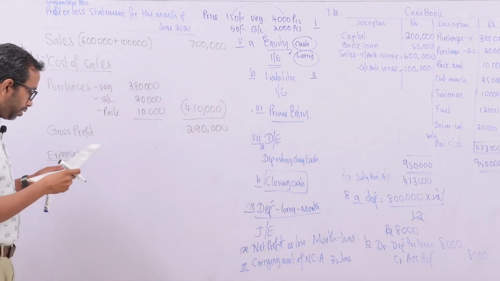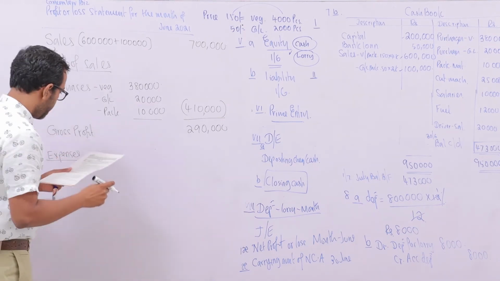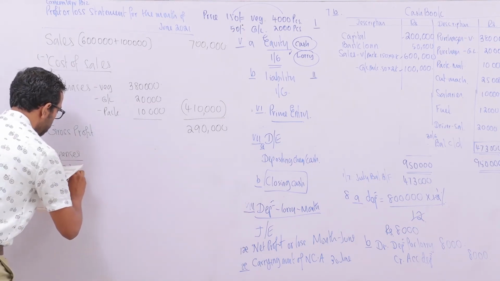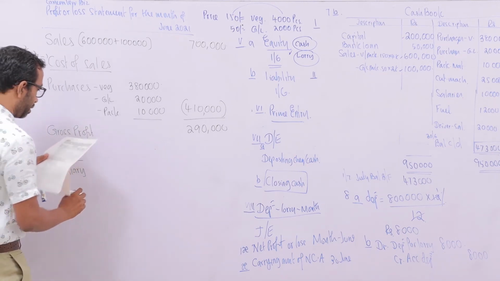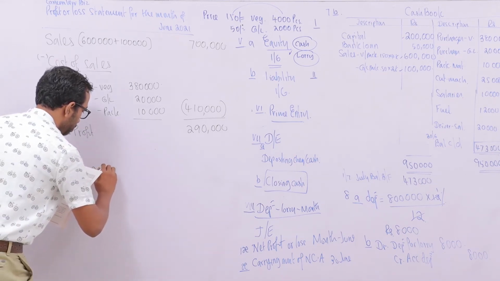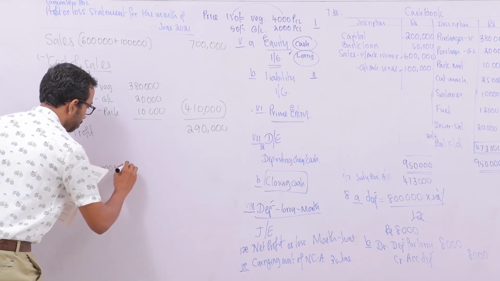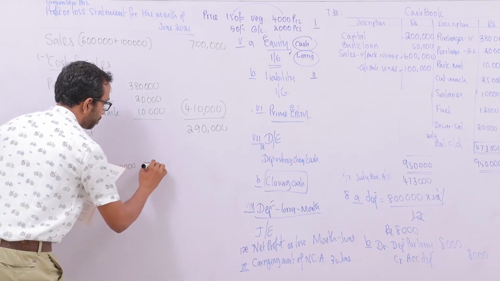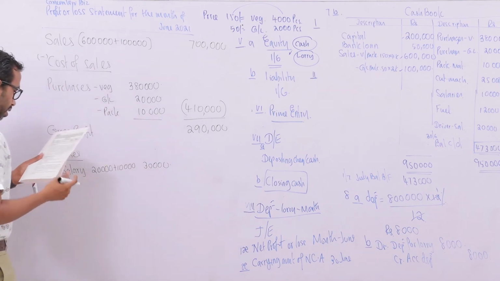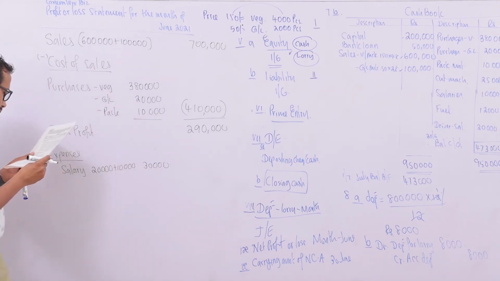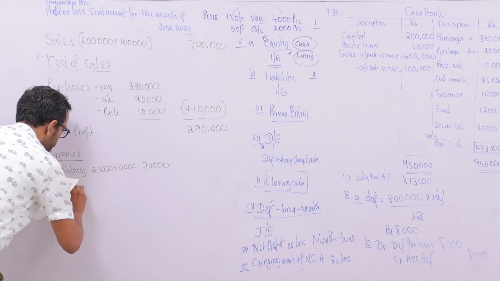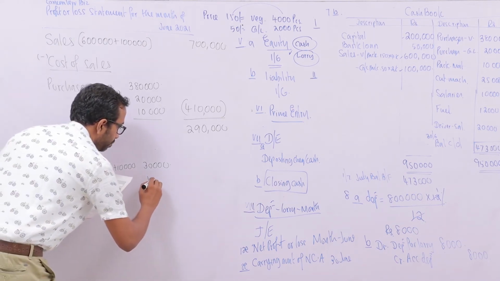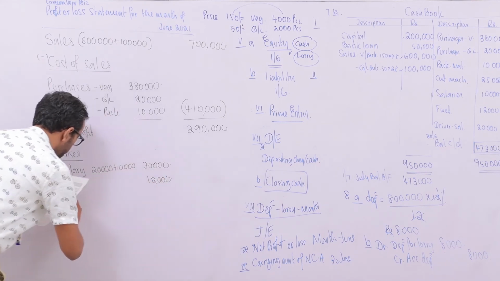The expenses part: salary, there is 20 plus 10, 30,000, and then you have fuel 12,000, and the depreciation.